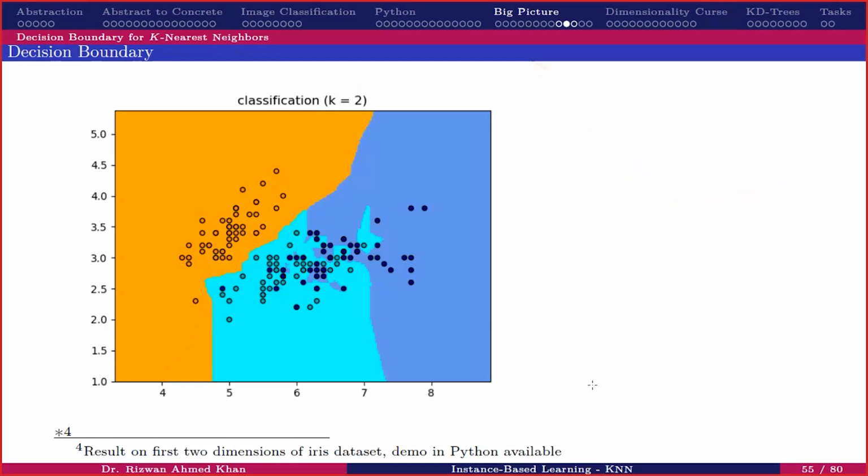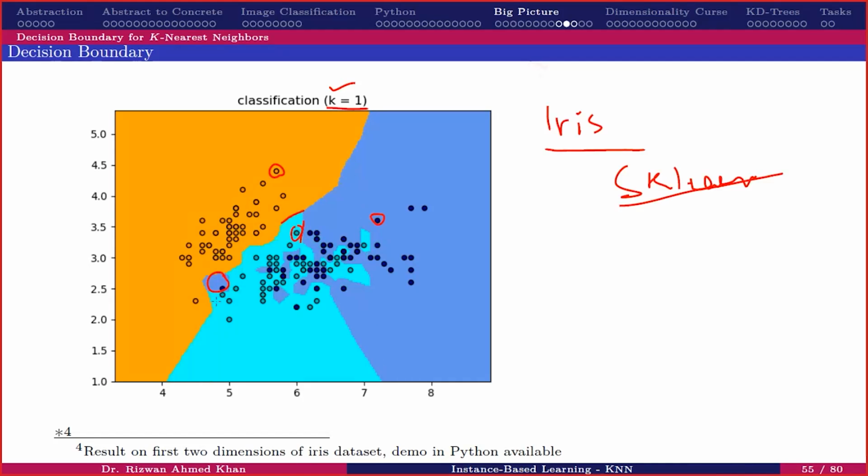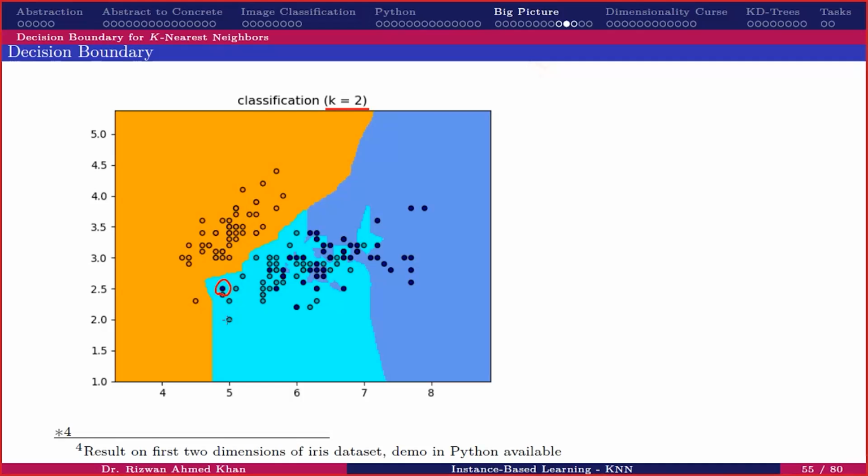But once we run it for k equal to 2, there are 2 nearest neighbors around each point. Previously, this point has a decision boundary around itself. So any point in this cell will get this dark blue classification result. But once we have k equal to 2, we are generalizing. We are not looking at only one point when creating a decision boundary, but 2 nearby points.